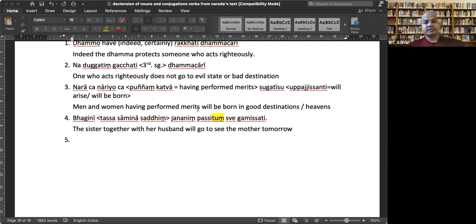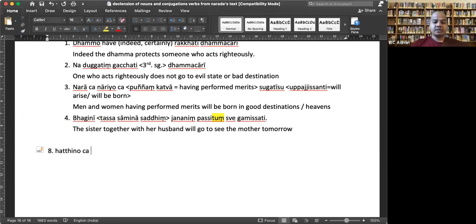Let's look at some other sentences. Let's look at sentence number 8. Hatthinocha hatthiniocha atavisocha pabbatesucha vasanti.